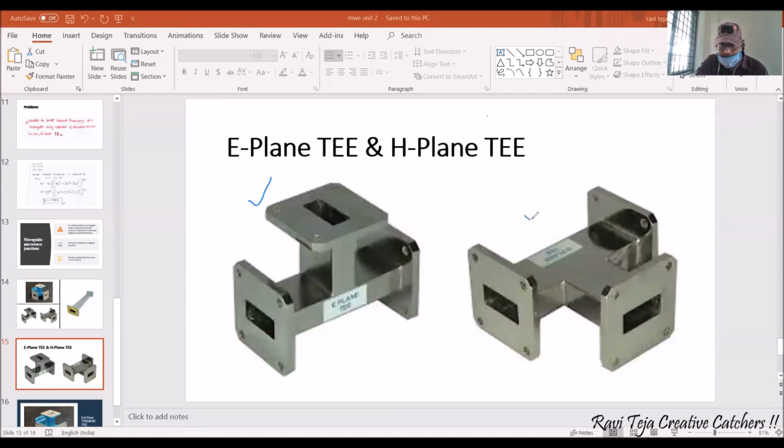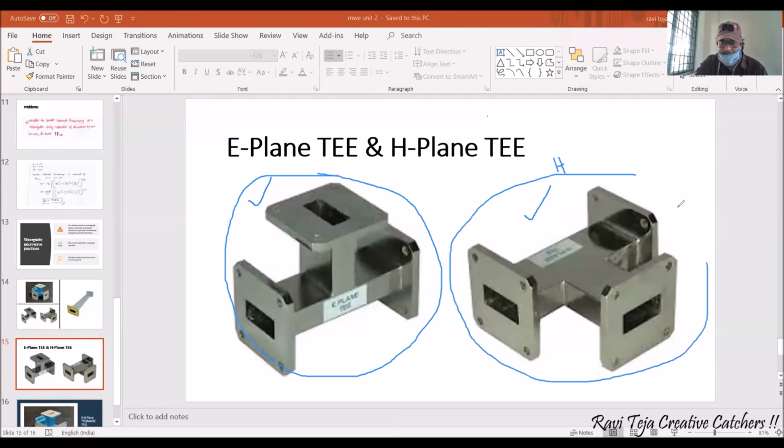And this particular microwave junction is the H plane T. If you see the cross section or design of these waveguides, they look T-shaped, so they are considered as T's.